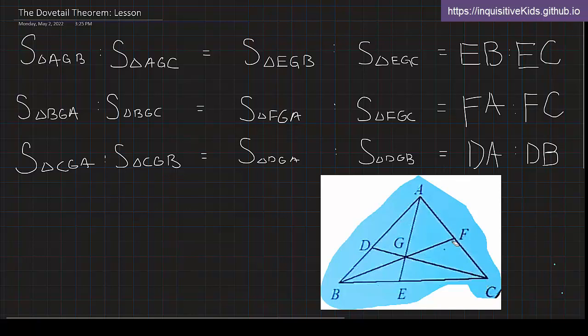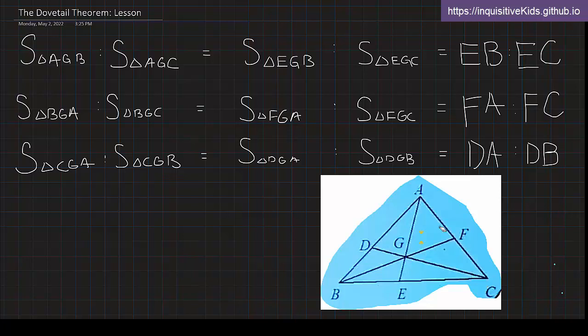So basically what you need to know is that the ratio of 2 triangles' bases or their heights will affect the ratio of their areas. And if both triangles have a different base and a different height, that is also possible.